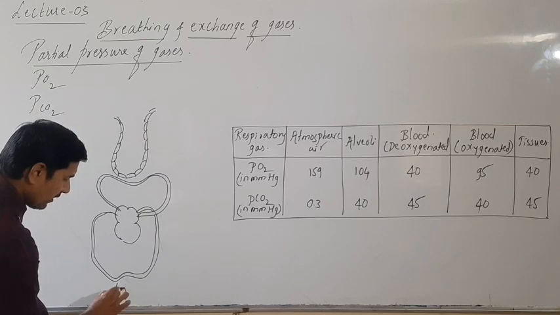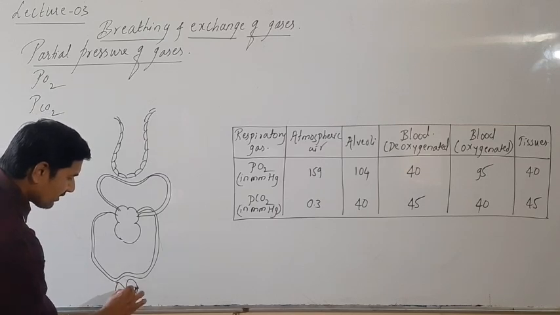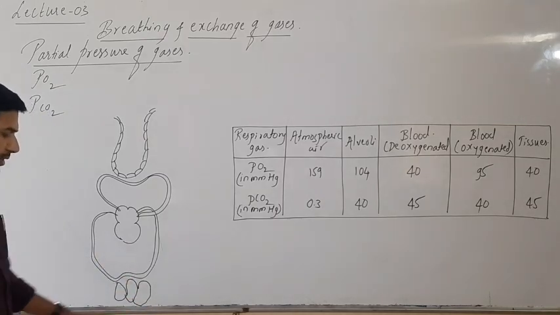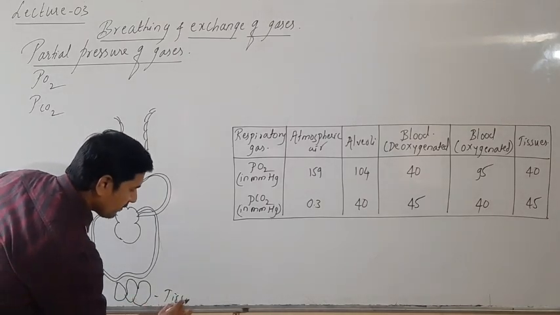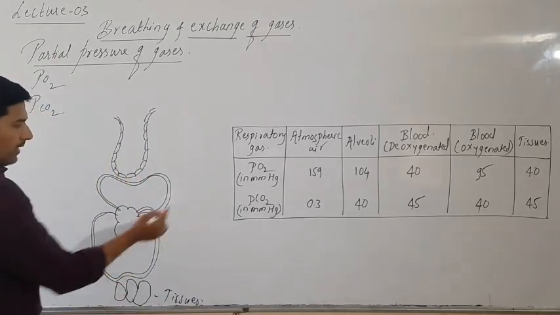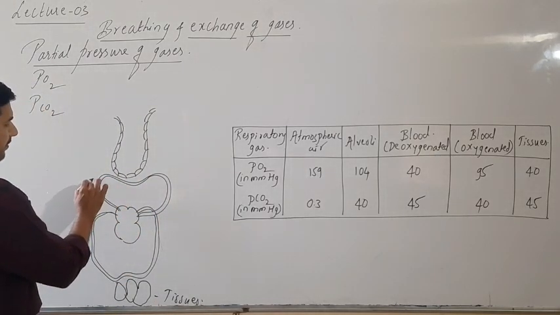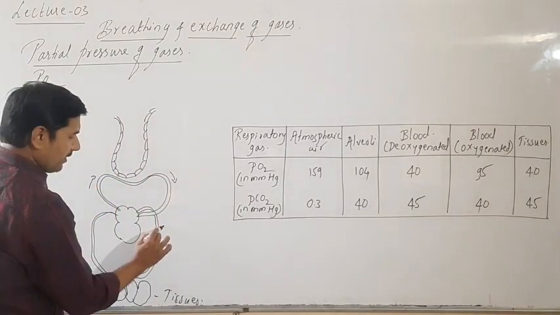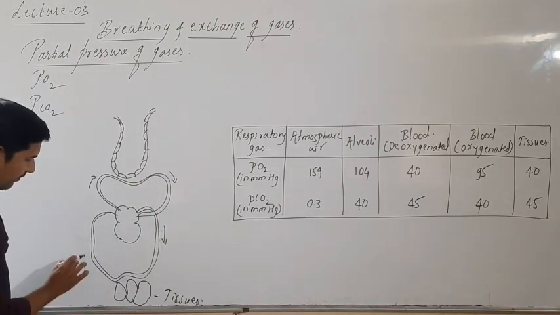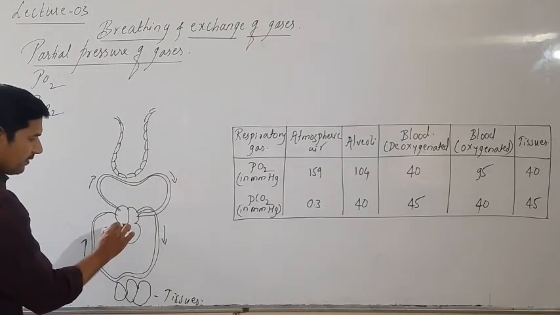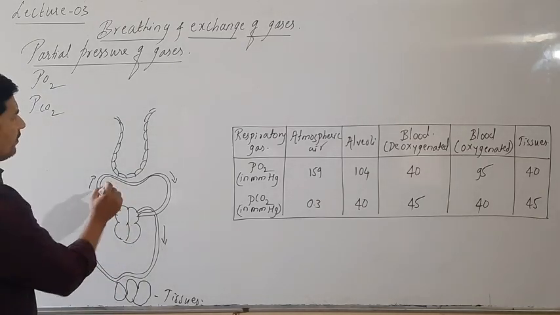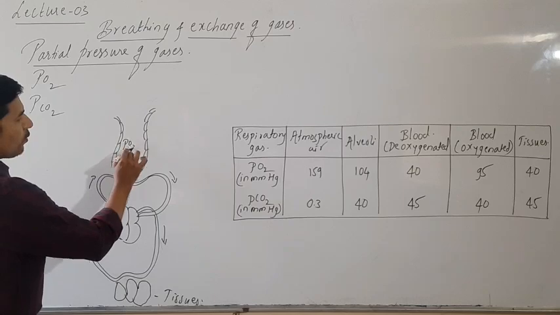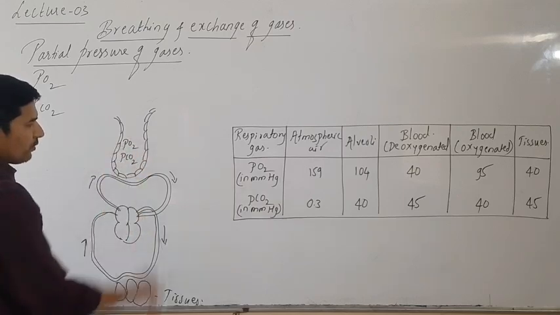And here we have the tissues, the body cells. Blood will enter here, blood will leave here, and blood goes in this way and comes back to the heart. Now here we have the PO2 and PCO2 levels also.